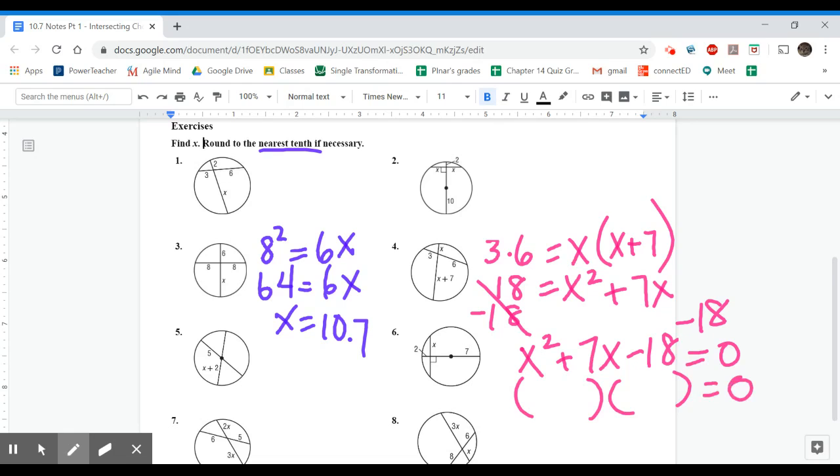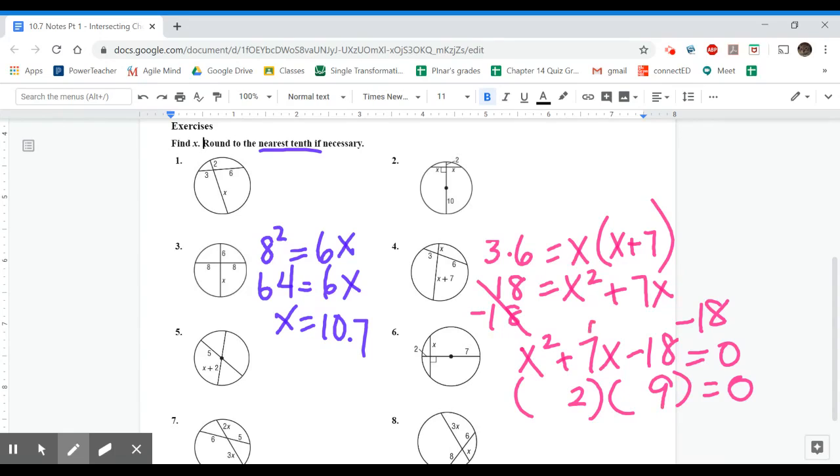All right, so let's think of two numbers that multiply to give us a product of 18 and a sum of 7. You might want to pause the video to think about that. Okay, and I'm going to move on. The numbers are 2 and 9, and one of them needs to be negative.